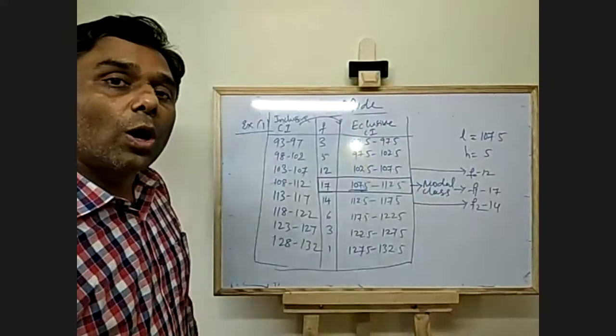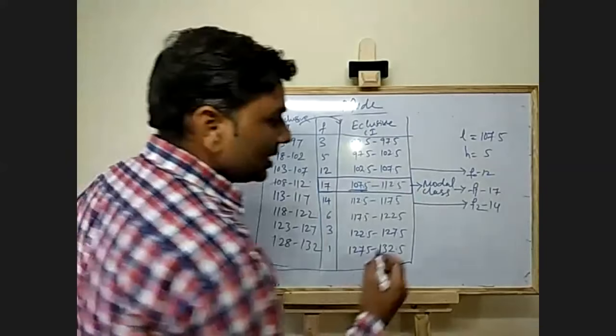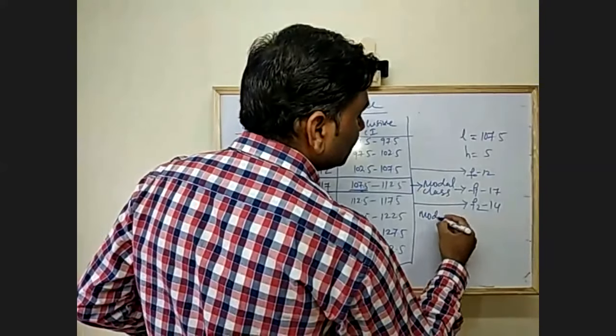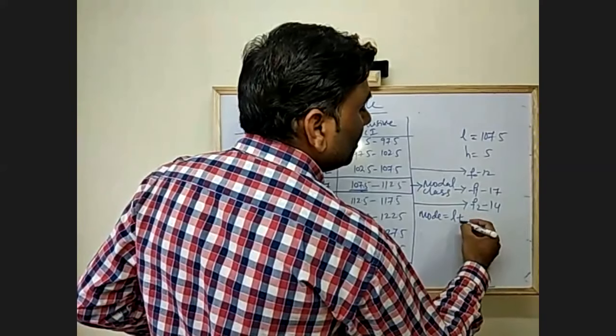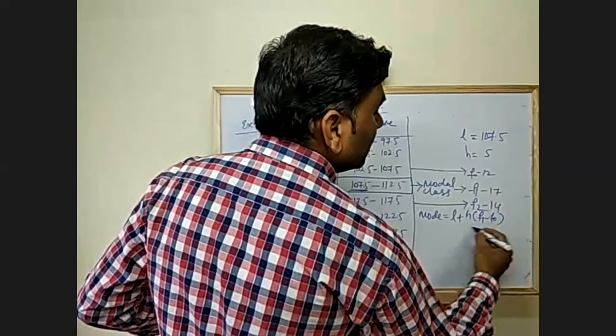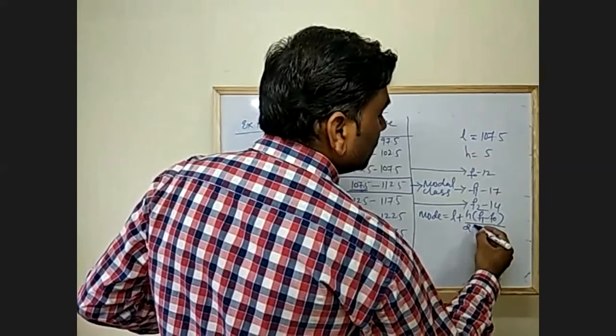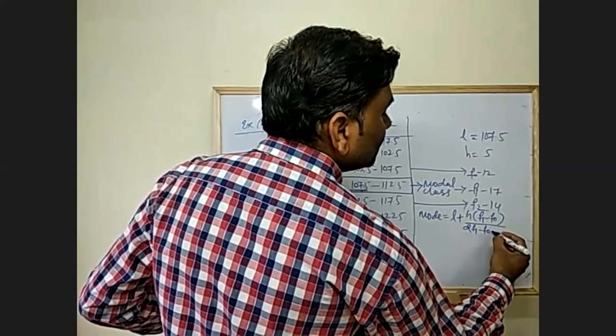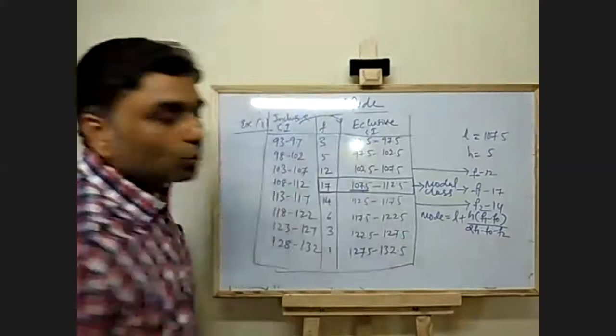Now you have all the numbers in place. Write the mode formula: mode is equal to L plus H into (F1 minus F0) divided by (2F1 minus F0 minus F2).